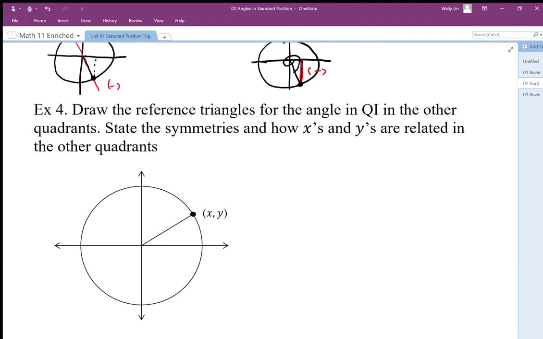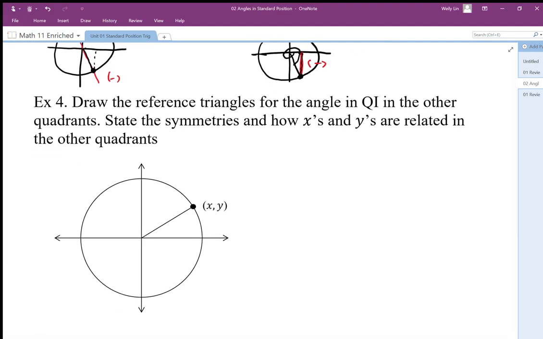So here we have some general position, some xy coordinate in standard position, and it's in quadrant 1. And we can just draw in our reference triangle here. And we know that this position is positive x, positive y. And we can find the same reference triangle with different positioning in the other quadrants.